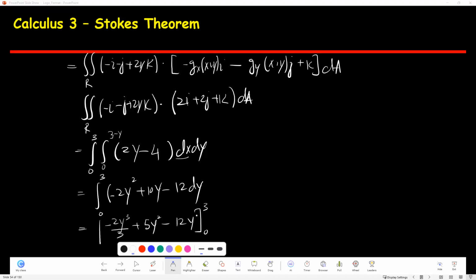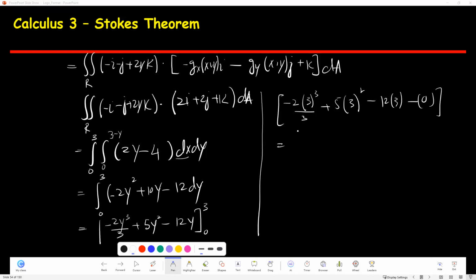If I substitute these values, it's going to be minus 2 times 3 cubed over 3 plus 5 times 3 squared minus 12 times 3, and then minus 0.